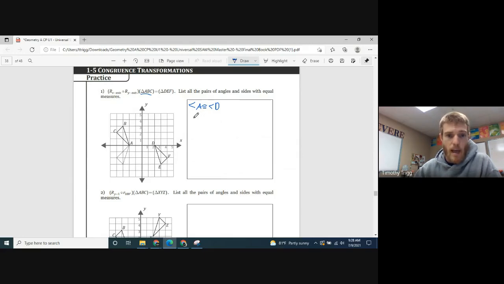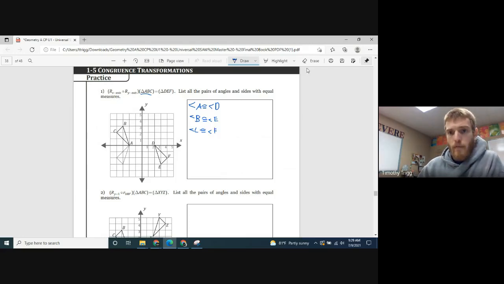So that would be angle B would be congruent to angle E, not F, E. And lastly, angle C would be congruent to angle F. Okay, meaning that these angles have the same measure.